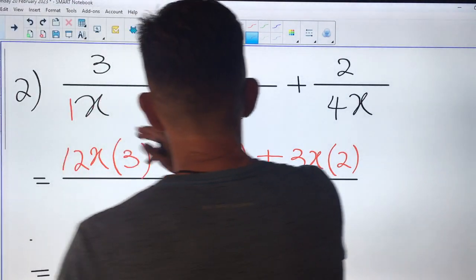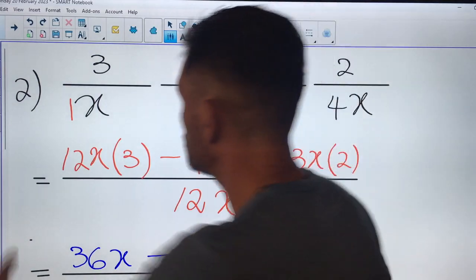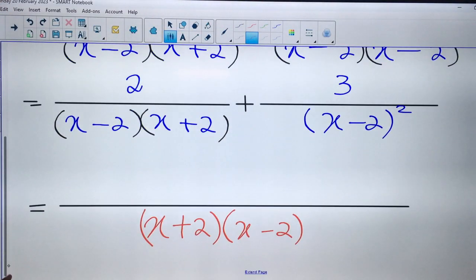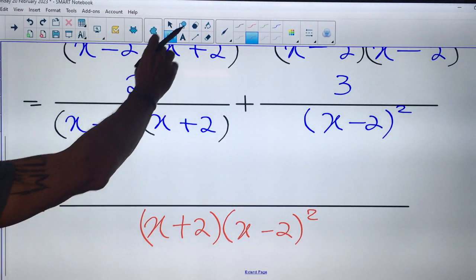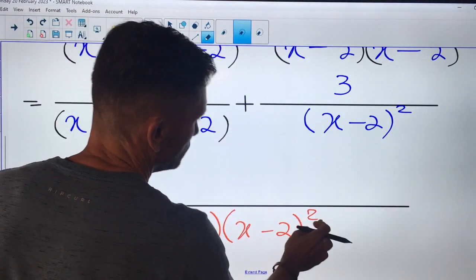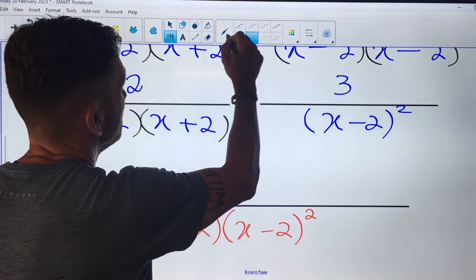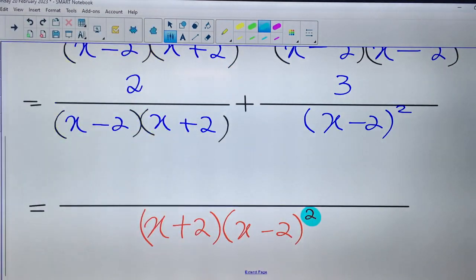The lowest common one is the one with the highest power. So there's an x and an x. There's a squared. So again, back to this one, that means that we have to use the bracket squared. That is crucially important, this too. I want to even put a highlighter there so that you don't overlook this when you look at this again.